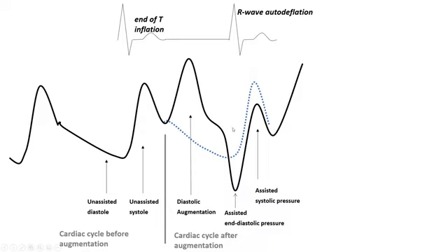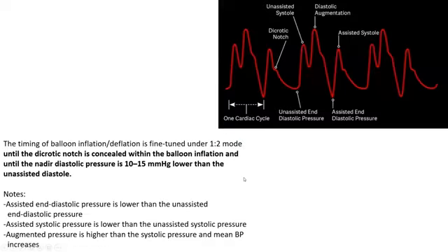This is a manifestation of that massive reduction in afterload. You actually seek to have diastolic pressure with augmentation lower than the diastolic pressure before, and the systolic pressure lower than before.